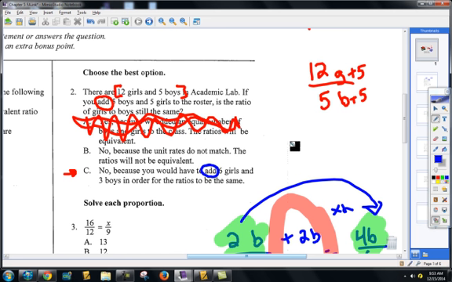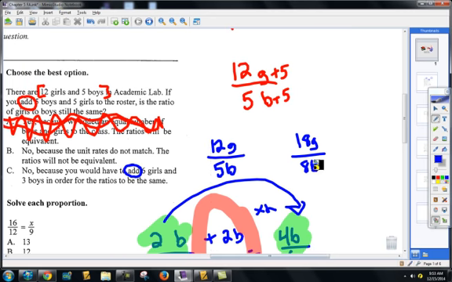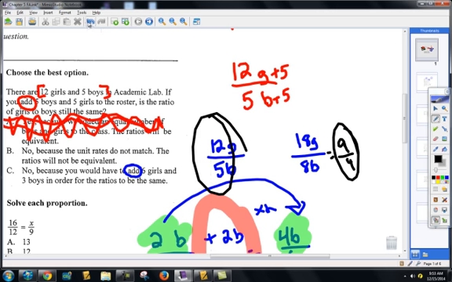But what you really should have done is said, okay, I got 12 girls, I got 5 boys. Okay? If I add 6 girls, that gives me 18 girls. If I add 3 boys, that gives me 8 boys. And what you really should have done is actually taken this and checked for equivalency. So you could simplify this one, divided by 2, to 9 to 4. Are those the same simplified ratio?